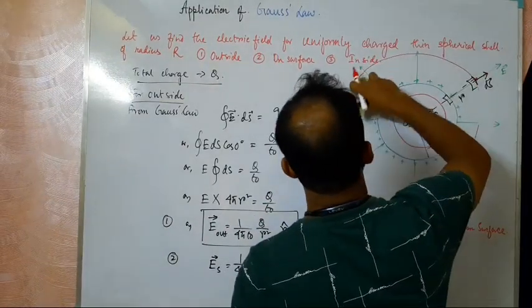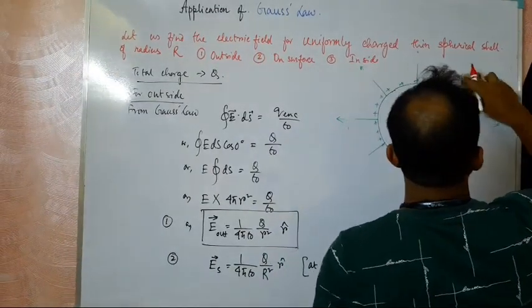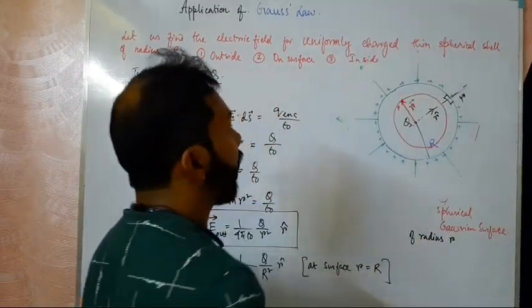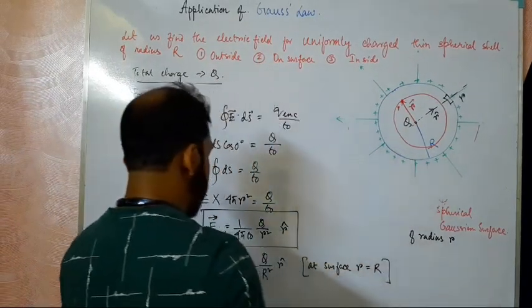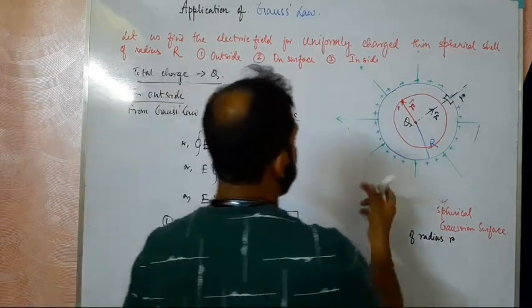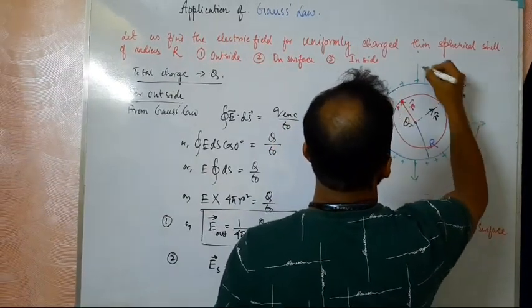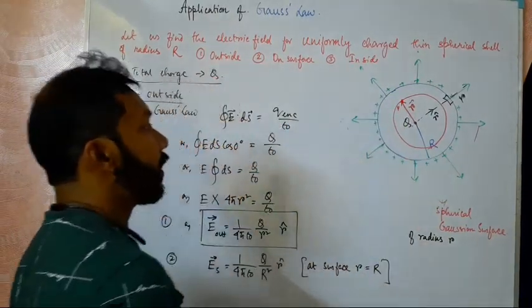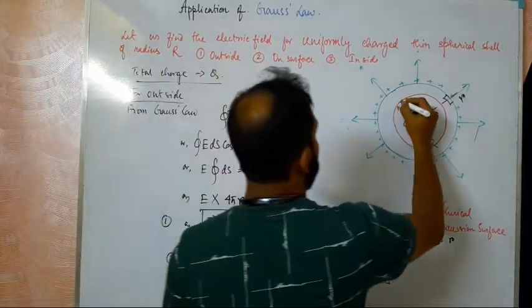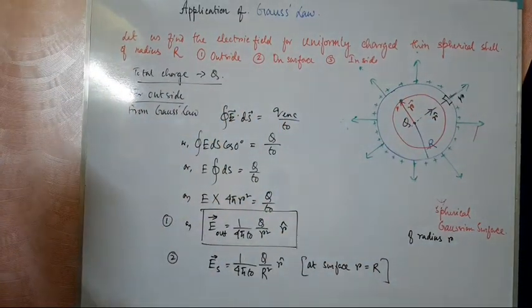The Gaussian surface has just gone inside the given spherical shell. The direction of the electric field is still radially outward, and we need to find the electric field at this particular point inside the sphere.